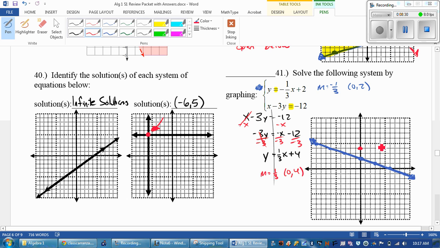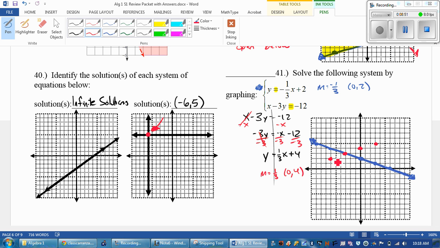Now I notice when I go up 1/3, I'm not going to find where these lines meet. So I'm going to go in the opposite direction, and right away I find out where they intersect, and I'm going to do another point just to help me draw the straight line.